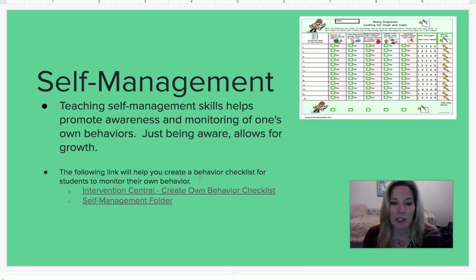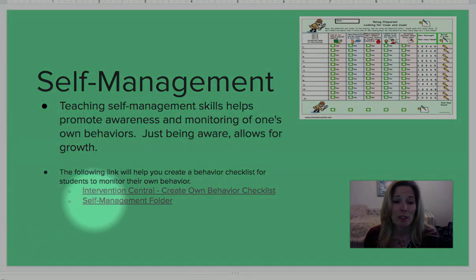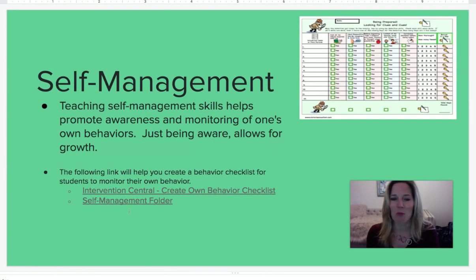The following links will help you create a behavior checklist for students to monitor their own behavior. So this Intervention Central, create your own behavior checklist, this one right here. If you go in there, they've got all these pre-done for you, and you can choose which ones you want from them, and then it creates a little checklist for you.